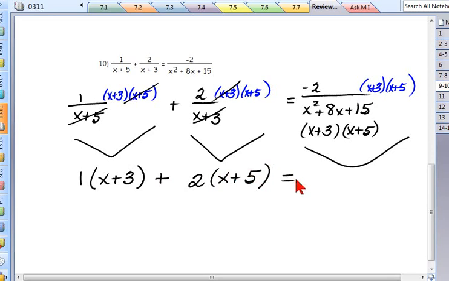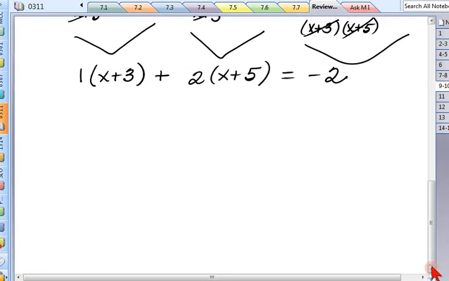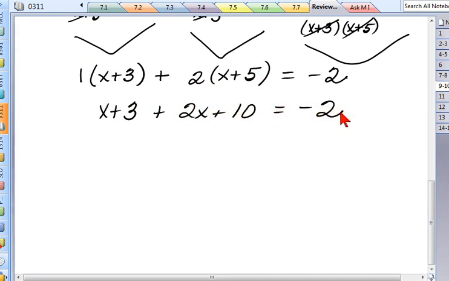Equal sign. What divides out in the last one? x plus 3 and x plus 5, both of them divide out, and I'm left with a negative 2. Distributive property, well, the first one just stays x plus 3 plus 2 times x is 2x, 2 times 5 is 10, and that's equal to negative 2.